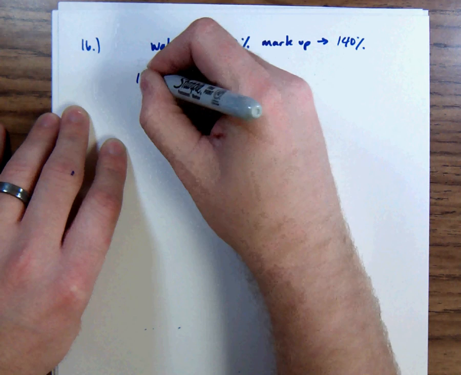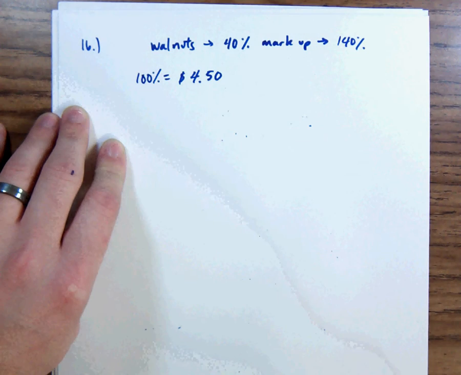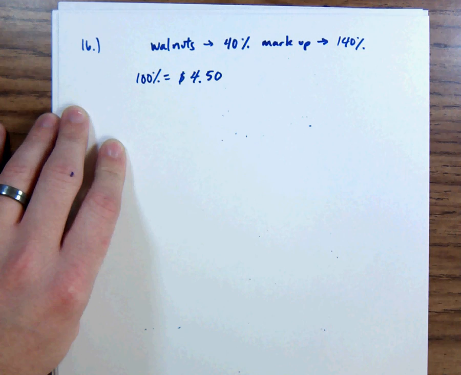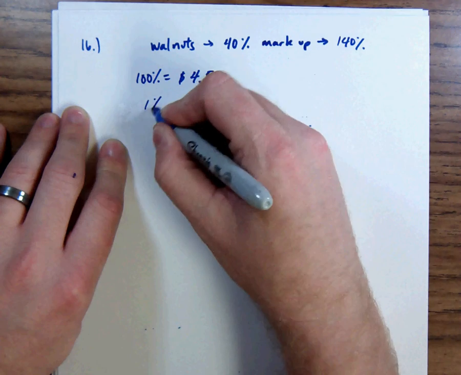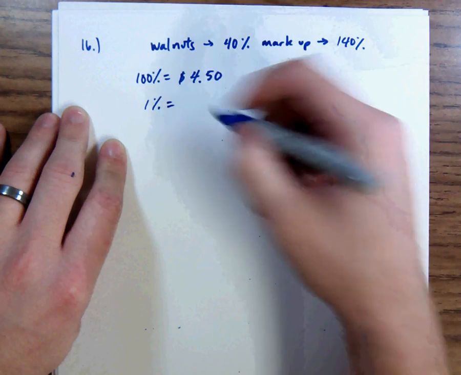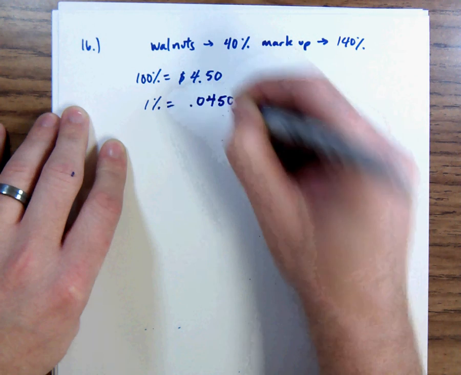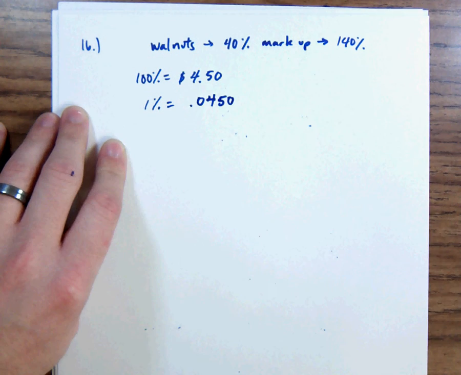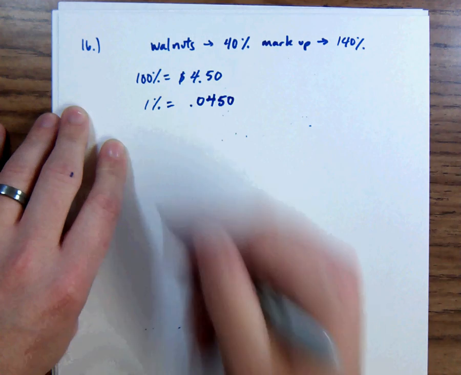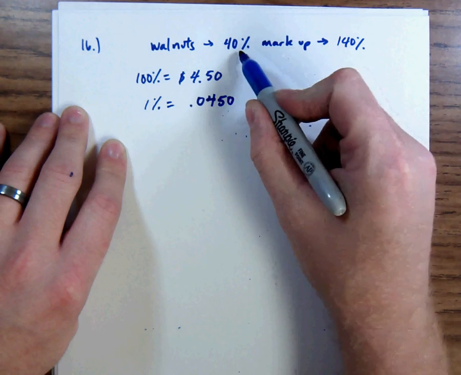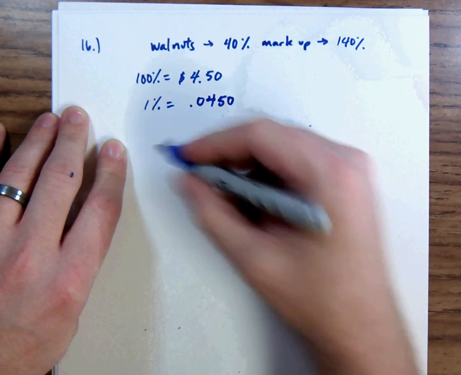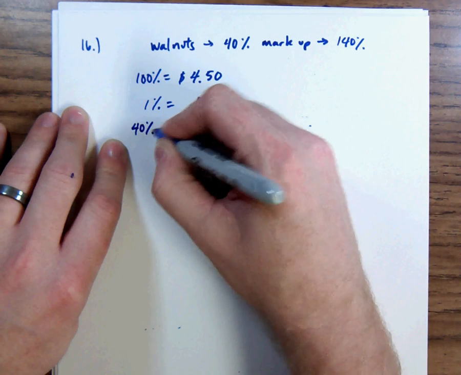So if we think about 450 as 100% right now, we can find 1%, which is a little odd with the decimal, but it's fine. It's just going to be a really small number, 0.0450. And from there, we want to find 40%, or we could even do 140%, but I'm fond of just doing 40% and adding later.